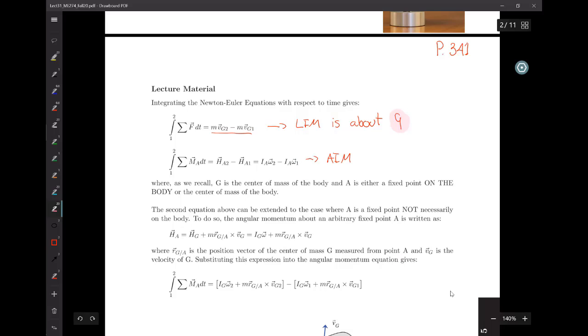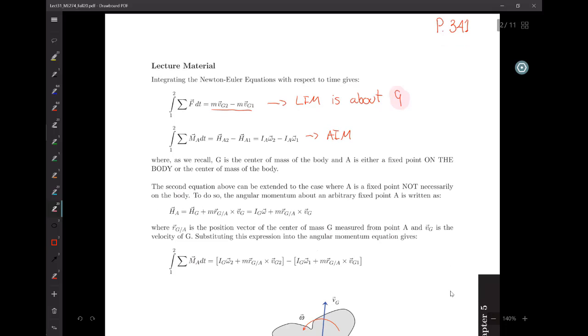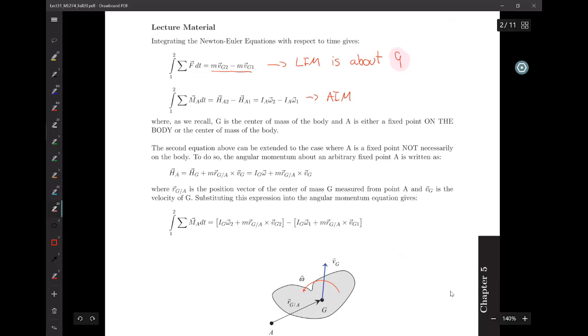And we're going to make the choices that make our life easier, as we did when we were using moments in Euler's equation. And the choices are actually quite similar in the sense of what simplifies our lives. So let's take a look at this.